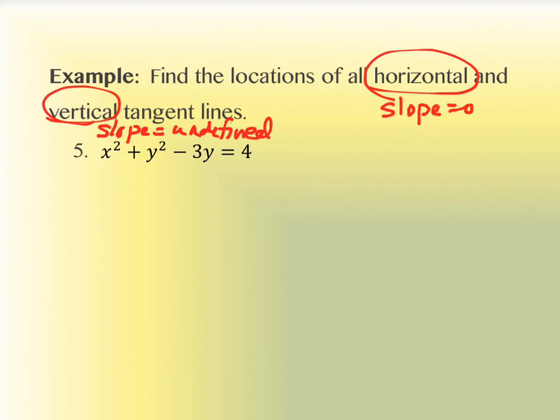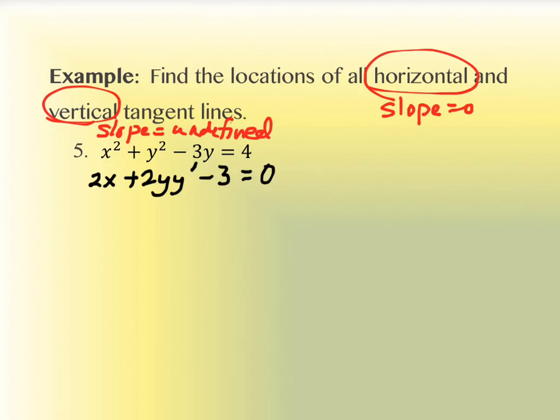What is the derivative of x squared? 2x. How about y squared? 2y, y prime. That's the third time we've done that one, isn't it? How about the derivative of the negative 3y? Negative 3. And what does this equal? 0.